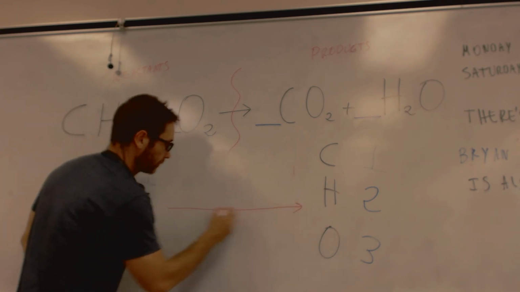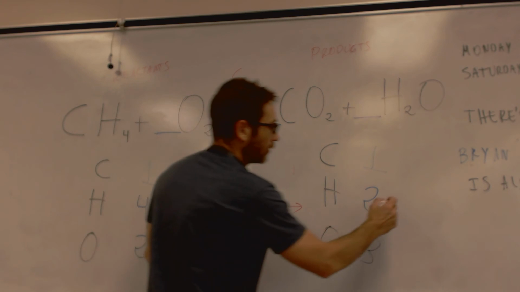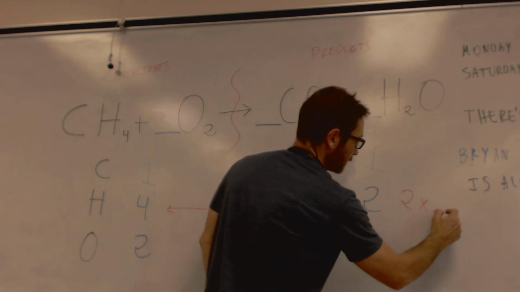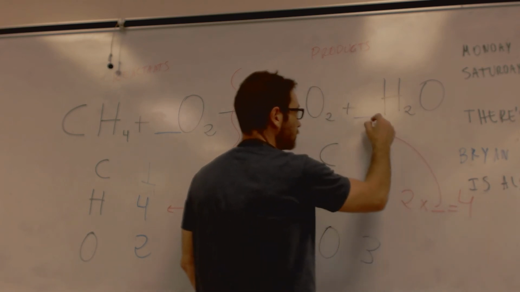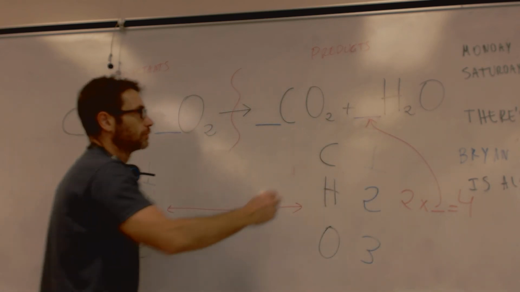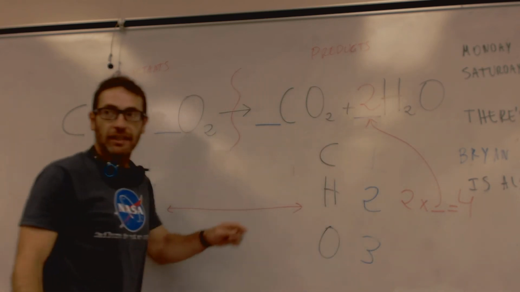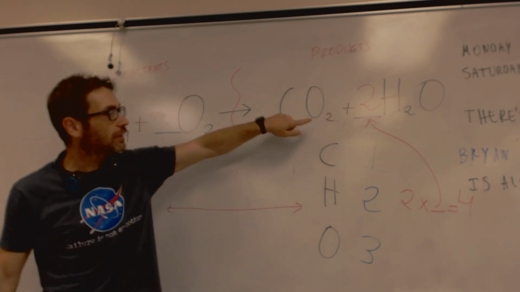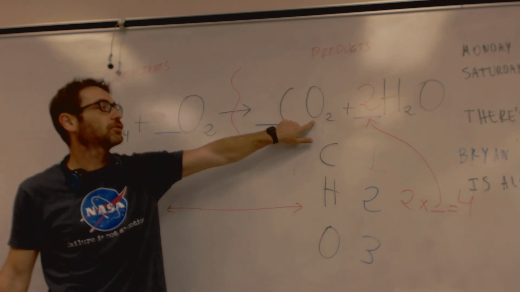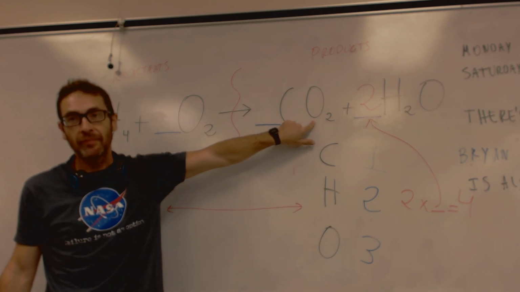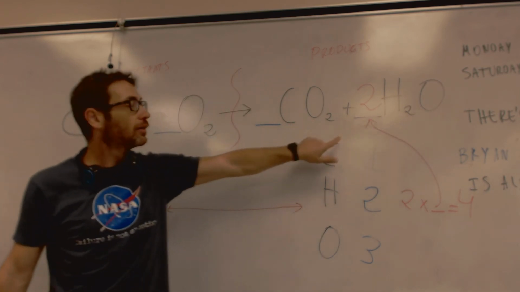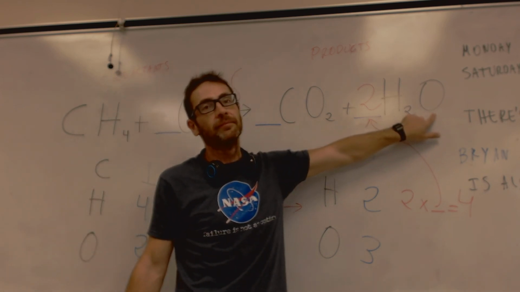What do you do? 2 times, I don't know what, must be 4. So which number goes here? 2. So when you change this, you have to recount the number of oxygens. How many oxygens do you have now? How many oxygens? Here, here, and here?